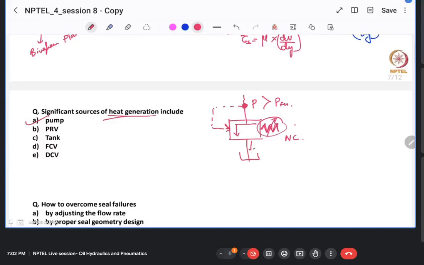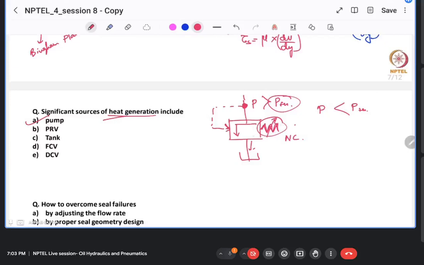But if there is some finite value of pressure which is less than PTH, then also there is some amount of energy, the fluid energy, that is being resisted by this valve.